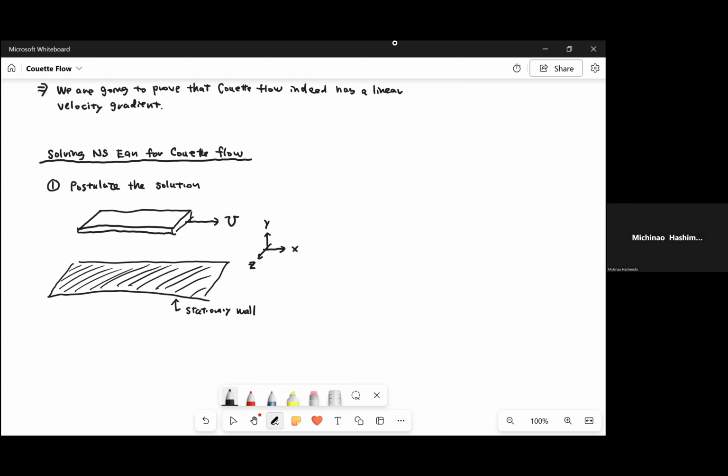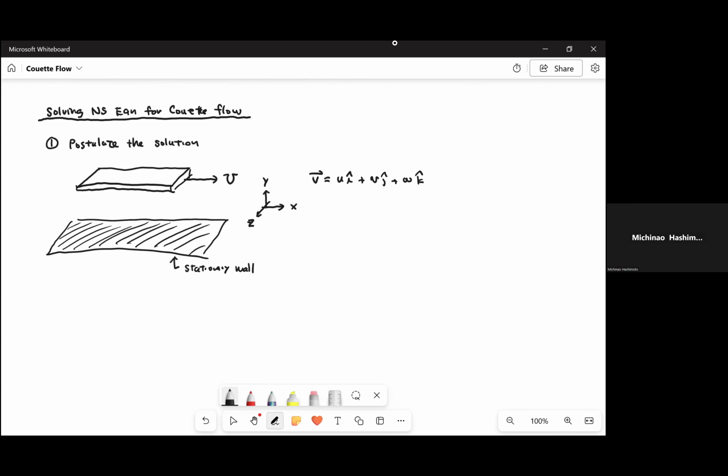The velocity is of course going to be u i plus v j plus w k. Now we would like to consider what u, v, w look like.